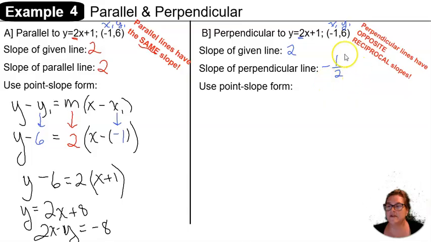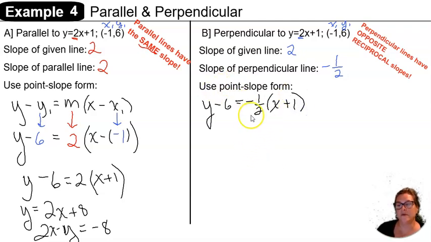We're going to use the new slope of negative 1/2 in point slope form to write the equation of this line. So y minus y1, which is 6, is equal to m, negative 1/2, times the quantity x minus, and our x1 is negative 1, and a negative is a positive.